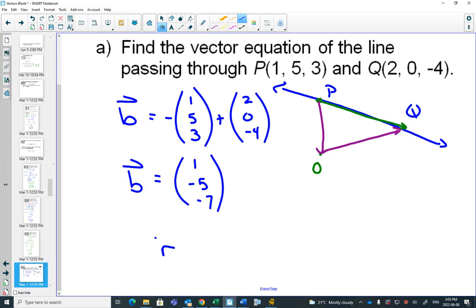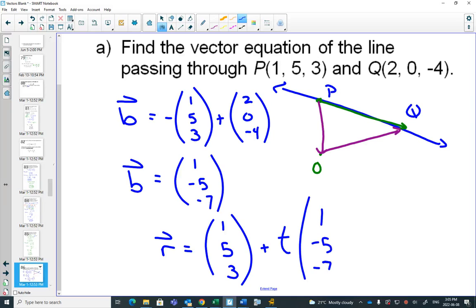And so our vector equation of the line will be: take one of the points. I always pick the first one. I don't know why. Plus some scalar t times the direction vector. And you've got your vector equation of the line.